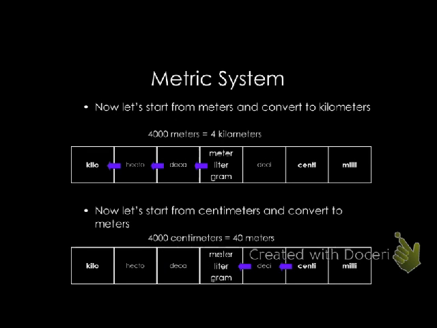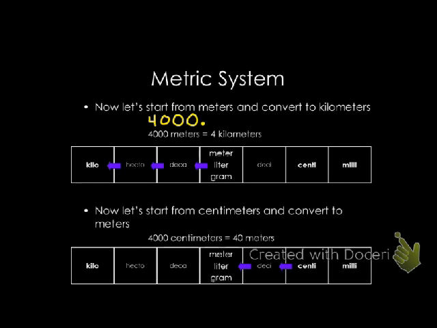Now let's say we start at meters and convert to kilometers. This time we don't have to move as far because we don't have as many steps. Again, only 3 steps. So let's say we have 4,000 meters. It would be equal to 4 kilometers. And to show that, we could take 4,000. Again, a whole number always has a decimal point to the far right.